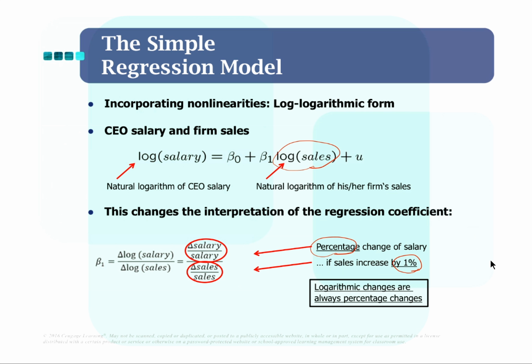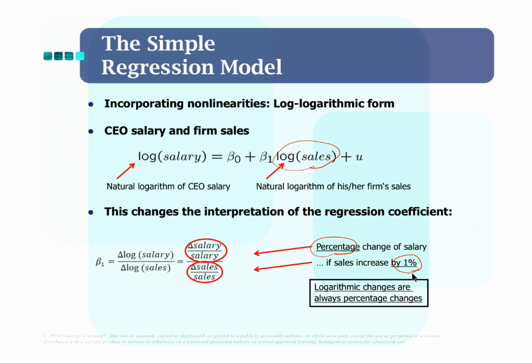So basically, we can come to this conclusion that if you see logarithmic changes or logarithmic transformations, they are always percentage changes. Okay, if you observe change in logarithmic points, they are always percentage changes. Okay? So that's why this beta can be interpreted as percentage change of salary if sales increase by 1%.